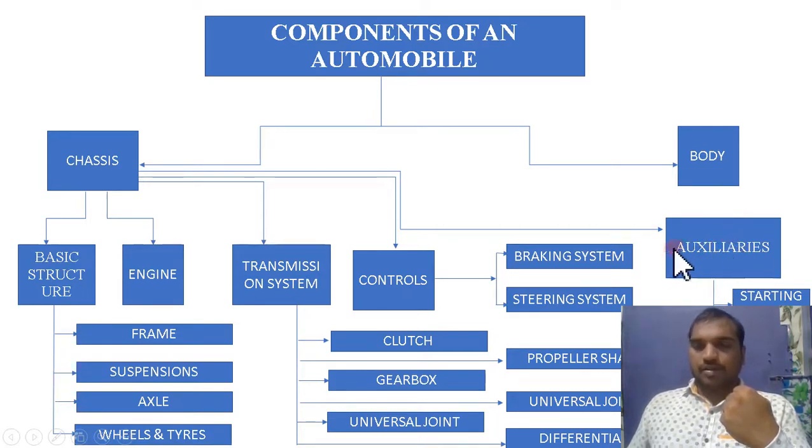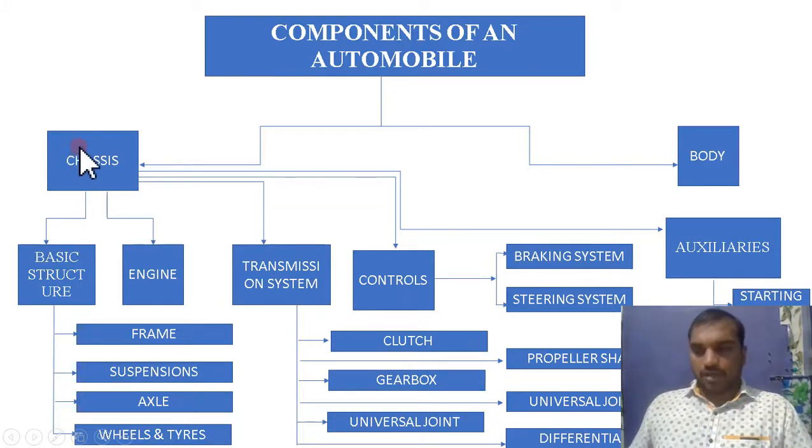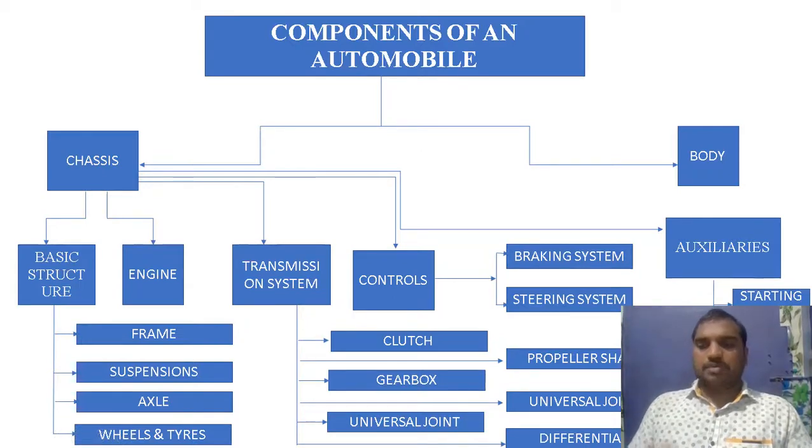Without auxiliaries, can the vehicle run, can it move? Is it possible or not? Yes, it is possible, because without a starting system, with the help of a rope we can crank the engine, then the engine will start. Right. So if the starting system is not there, if the lighting system is not there, then what is the need of the battery?